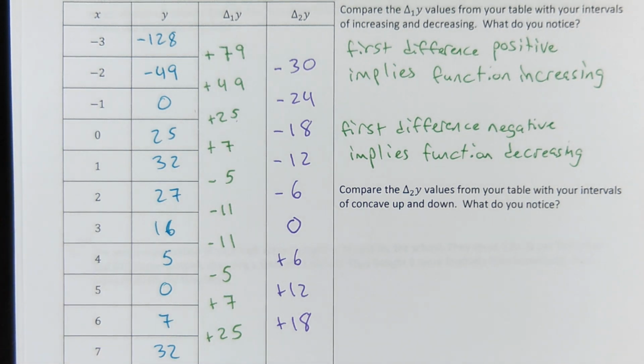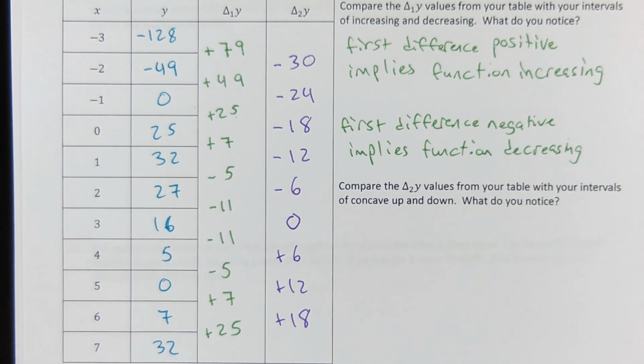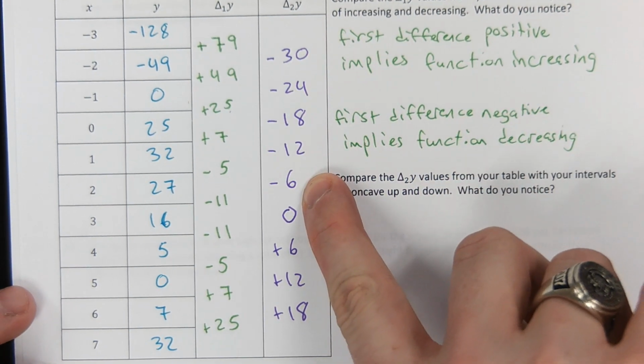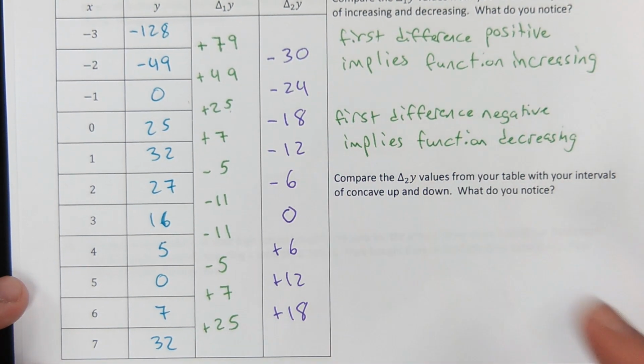Now, look at your concavity intervals and look at delta 2. Do you see how they compare? What about concave down? So when delta 2 was negative, when your second difference was negative, the graph was concave down. And when your second difference is positive, the graph is concave up.